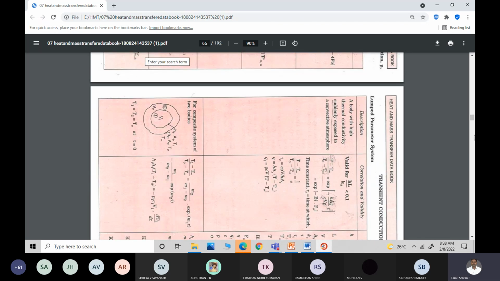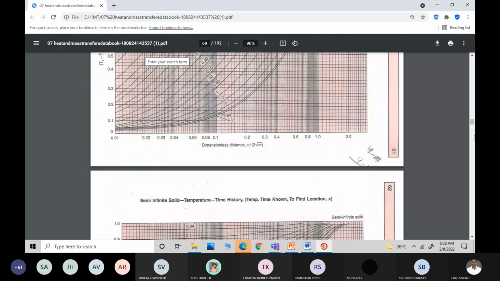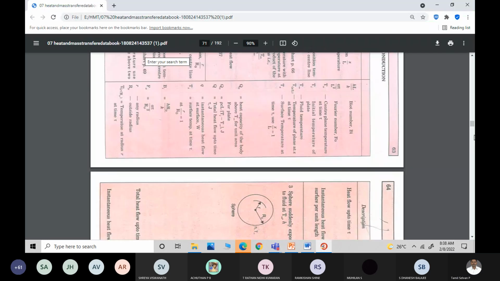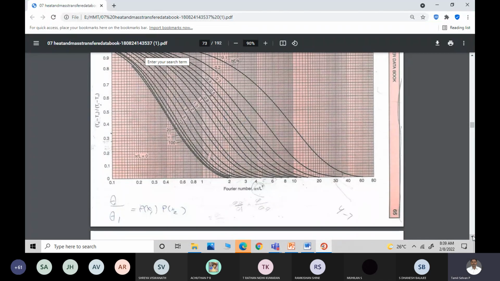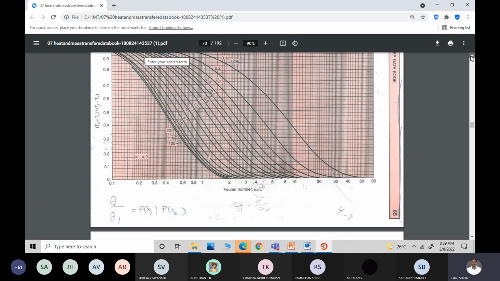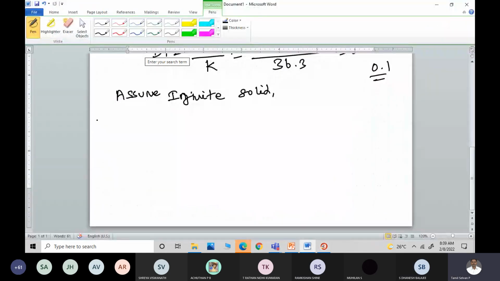What is the page number? It comes after the lumped system. So this is the chart. Is it visible to you all? Yes, sir. The y-axis is T naught minus T infinity by Ti minus T infinity.